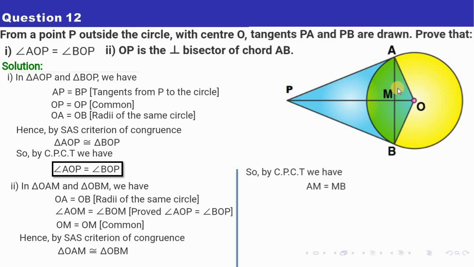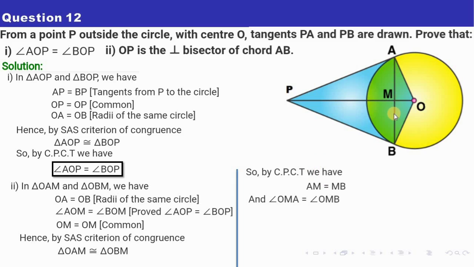Perpendicular means we need to show that this angle, AMO or BMO, will be 90 degrees each. Again by CPCT I can say that OMA, this angle, and OMB, this angle, will be equal because these two triangles are congruent. Now what is the value of angle AMB?